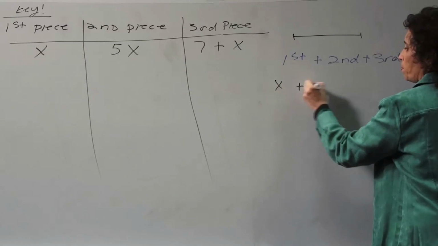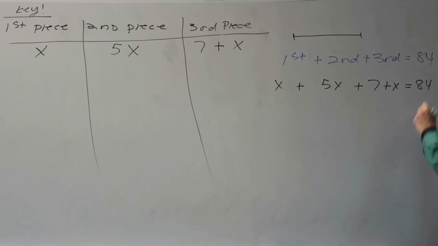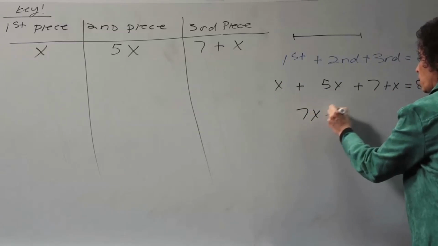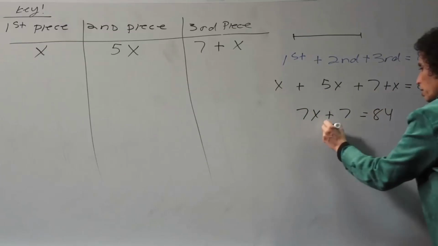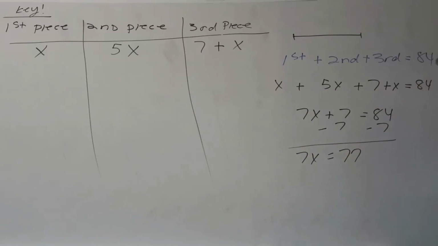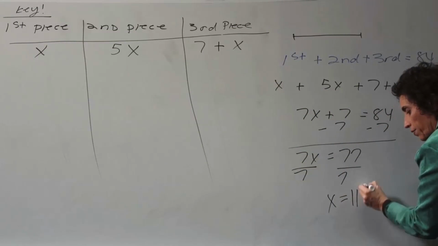So it's x plus 5x plus 7 plus x, and that's got to equal 84. Here we go, 5, 6, 7 x's plus 7 equals 84. Subtract 7. 7x equals 77. Divide by 7. Oh, that's nice and easy. x equals 11 feet.